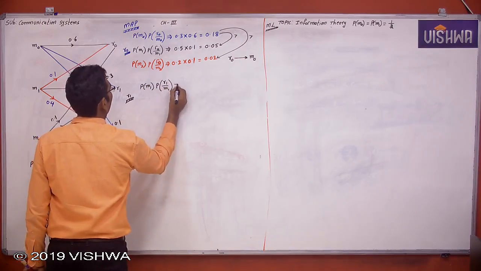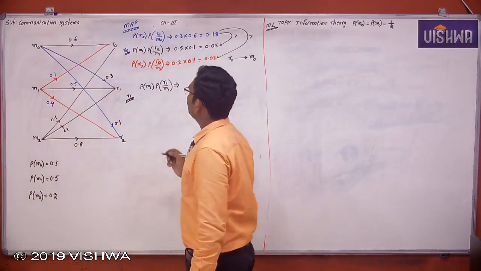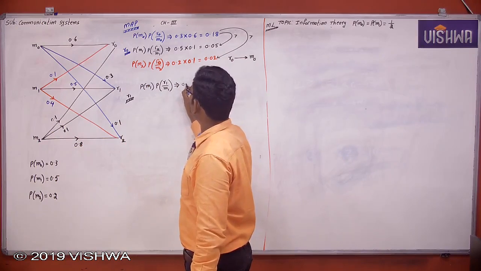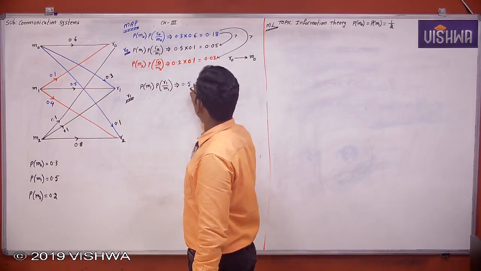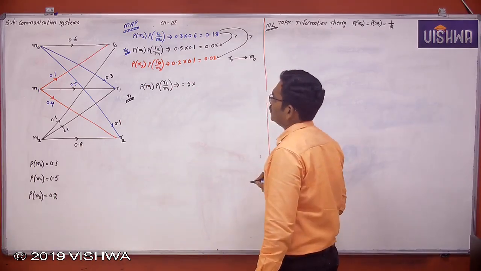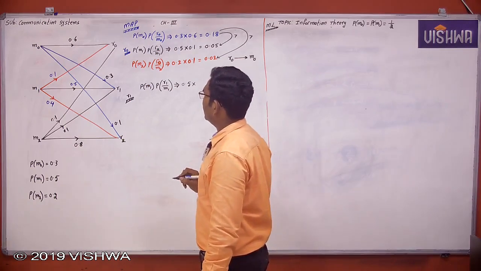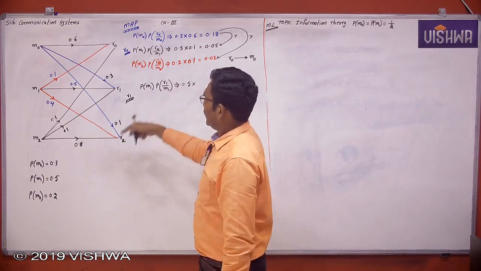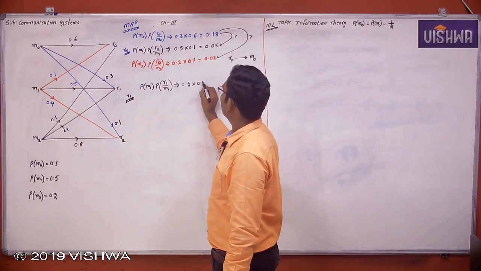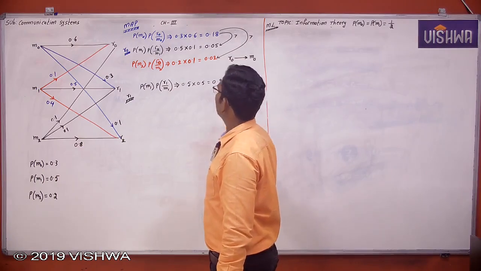P of M1 is 0.5 and P of R1 by M1 is 0.5, which is equal to 0.25.